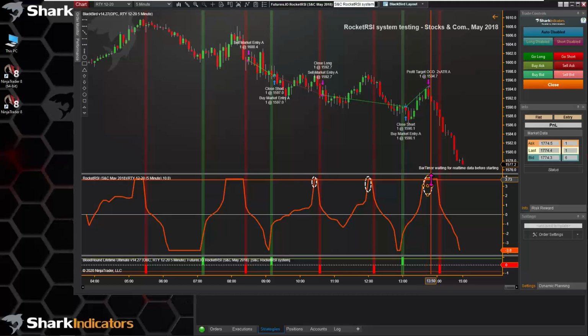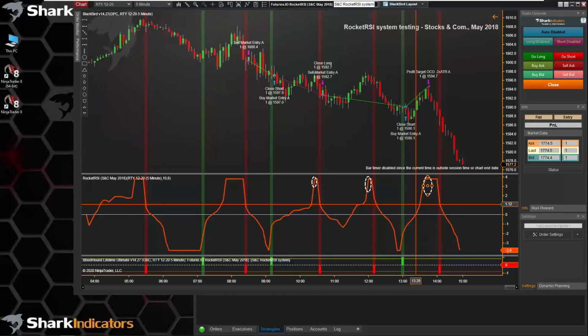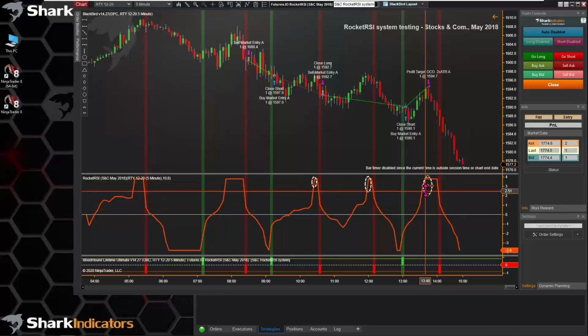So instead of waiting for the Rocket RSI to turn around and reverse directions, what if we shifted the entry signals backwards to when the Rocket RSI first hit that maximum peak point?